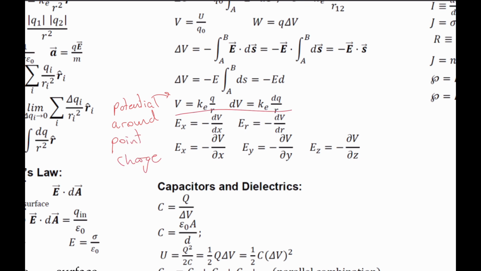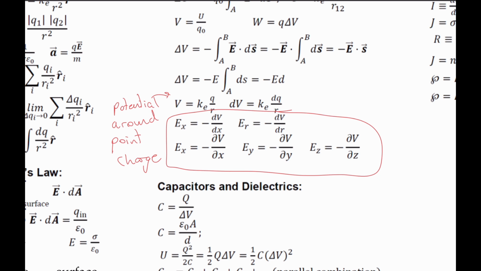What these equations are telling you is if you take a derivative of V, you can see here V, if you take a derivative d dx, a derivative of this function, then you get the electric field. And you see how it's a derivative with respect to x? It gives you the x component.